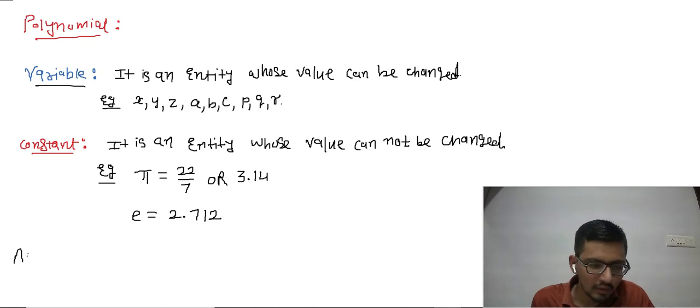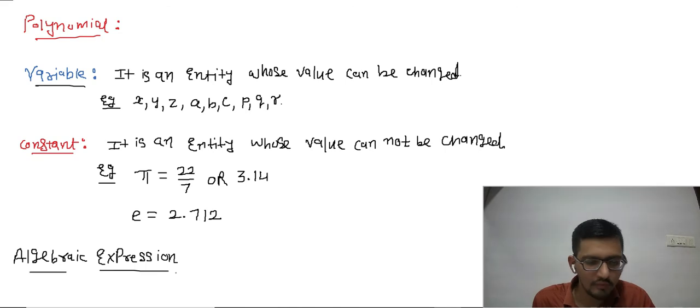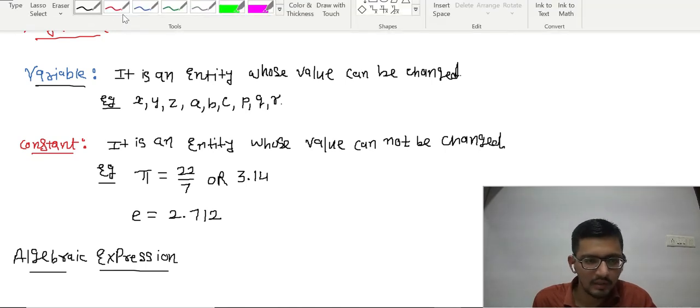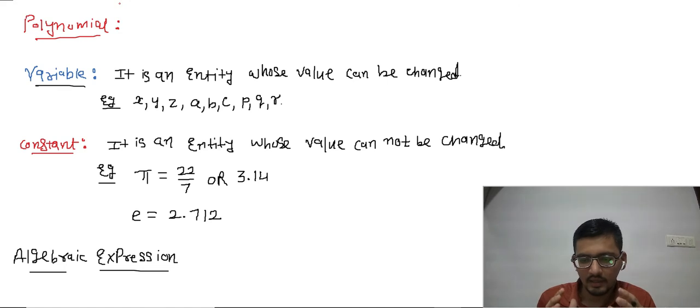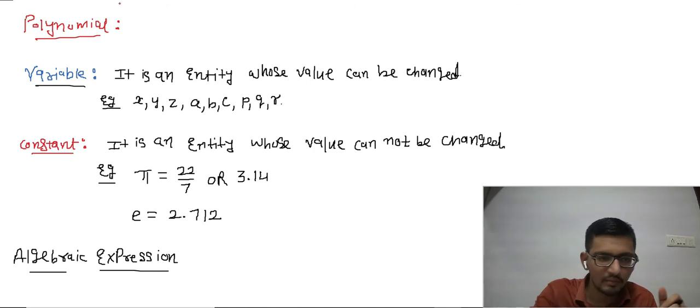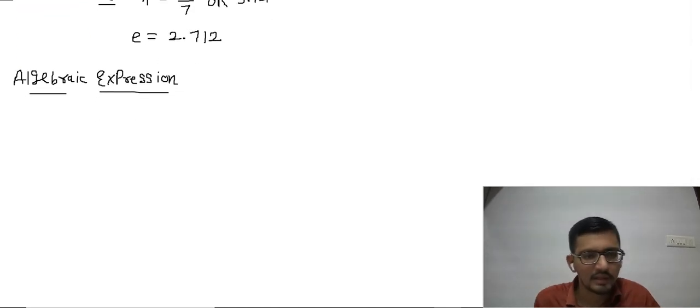Based on that I can define algebraic expression. So what is the meaning of algebraic expression? We can say it is a mathematical form which is made up of variables, constants and symbols. Symbols like plus and minus.